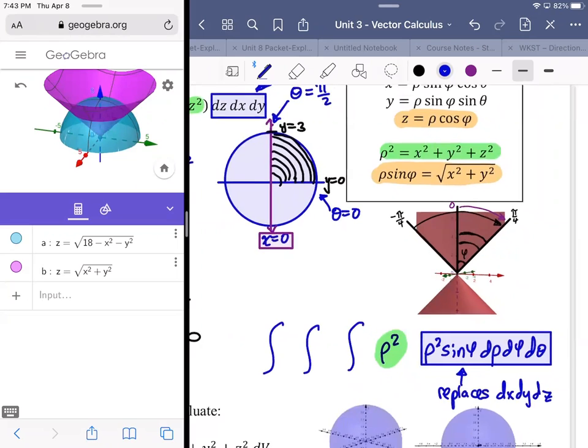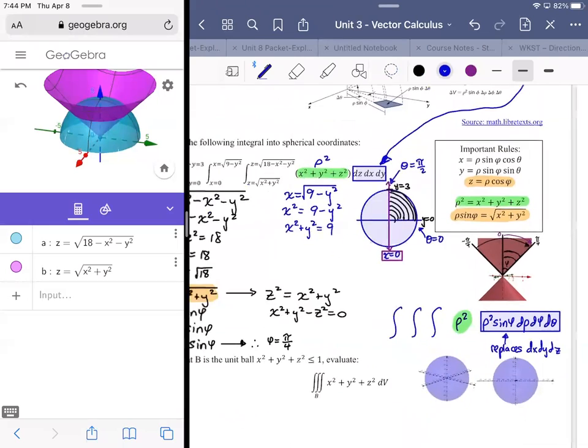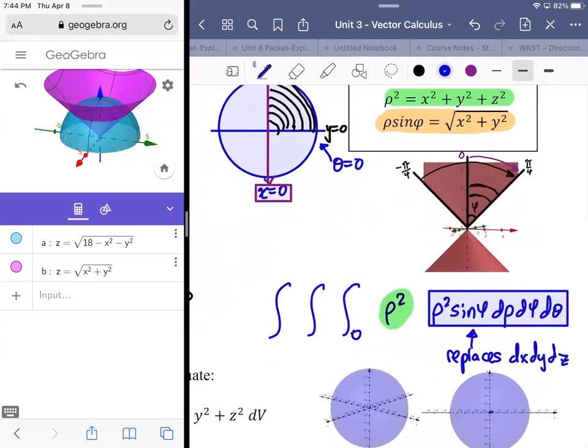The order of integration here is fixed as rho, phi, theta. There are circumstances where it changes, but not for our purposes, not yet. So rho is going from 0 to root 18.